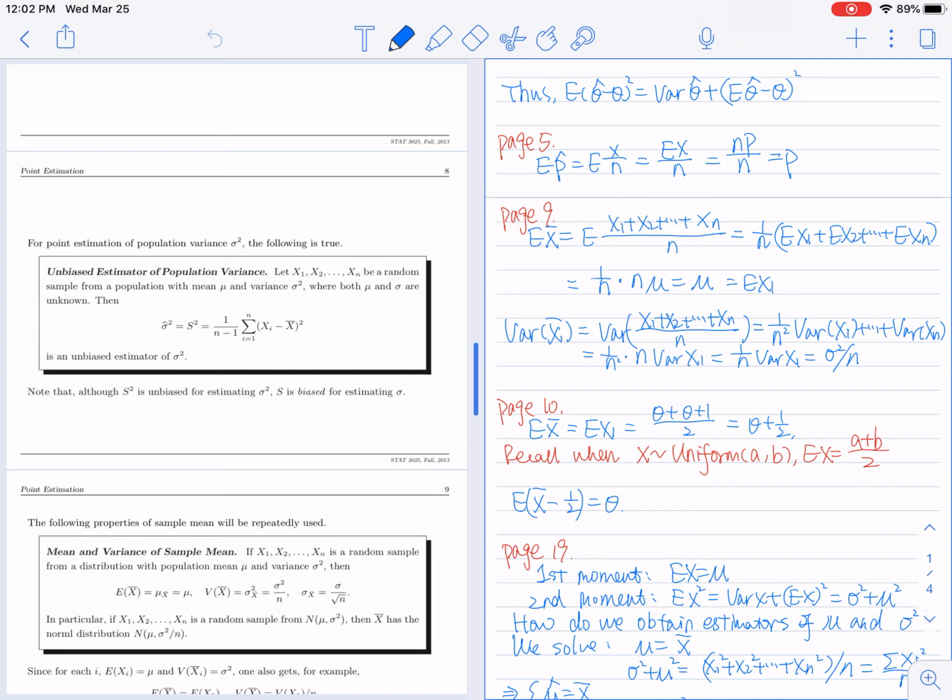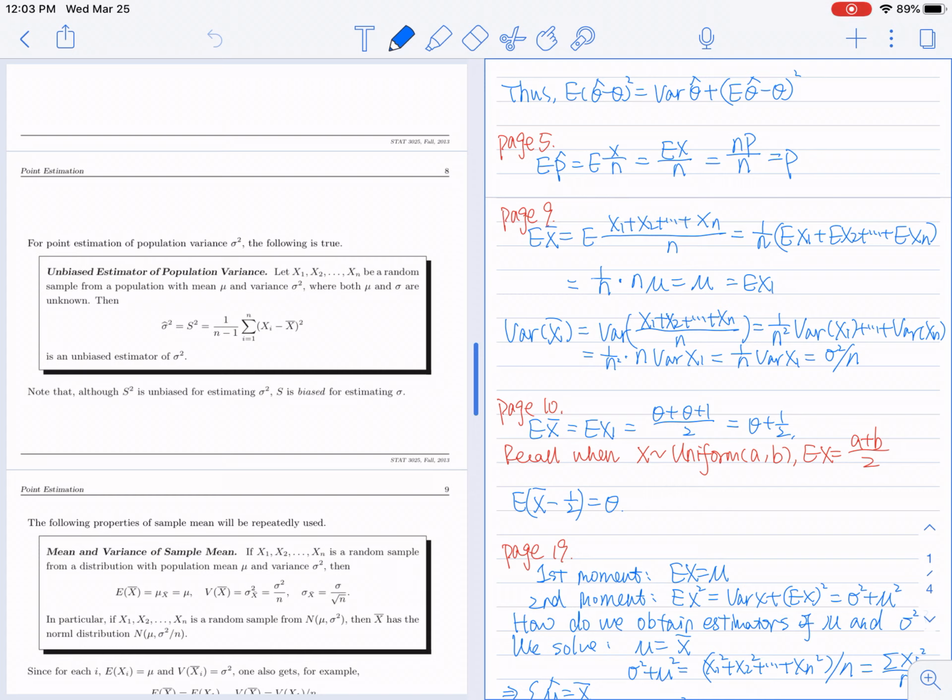Now let's talk about an unbiased estimator of population variance. And if you learned some basic statistics, you will know that a very common estimator for population variance is the sample variance defined in page 8. And it turns out that this sample variance is unbiased.